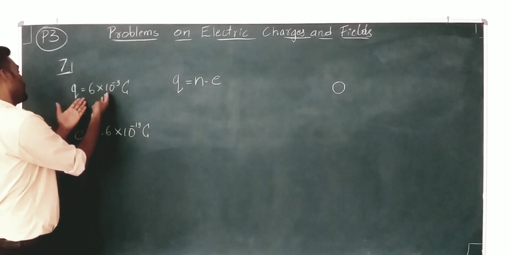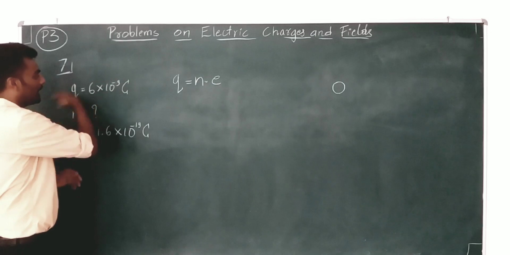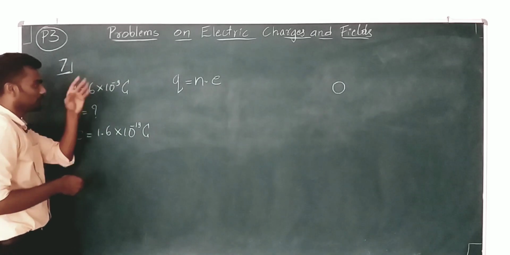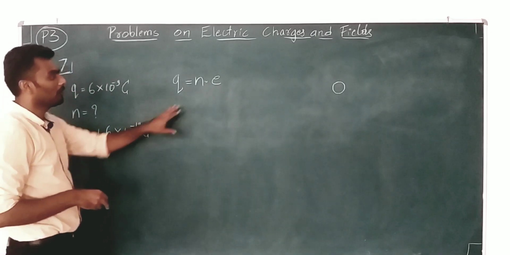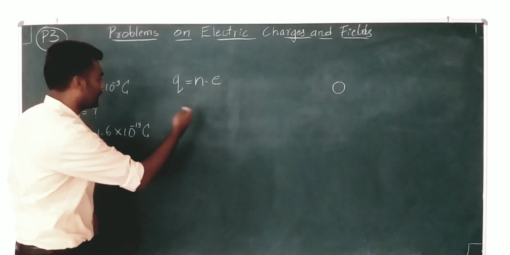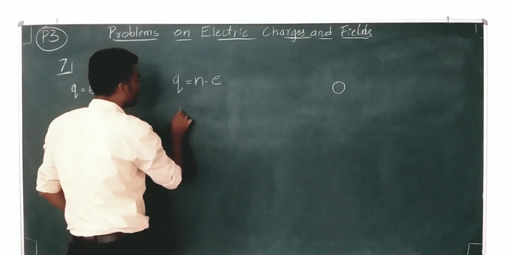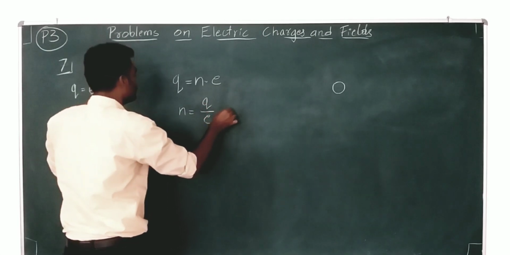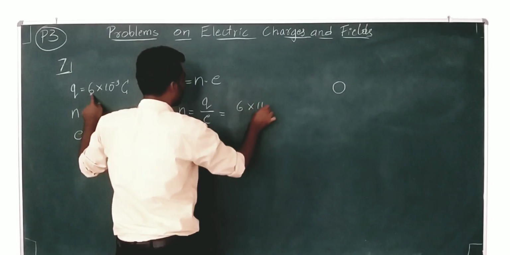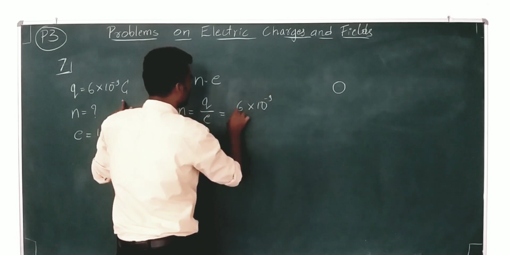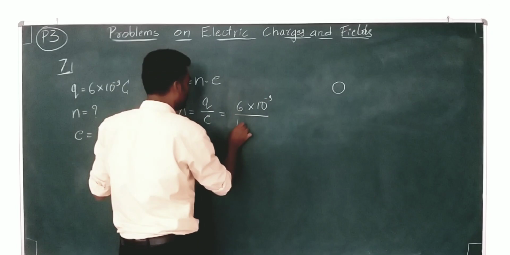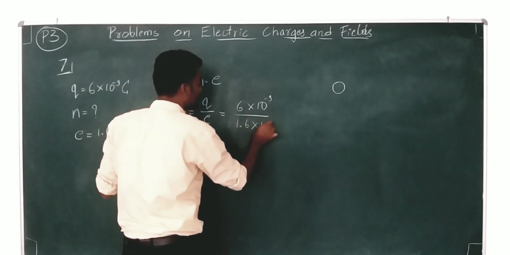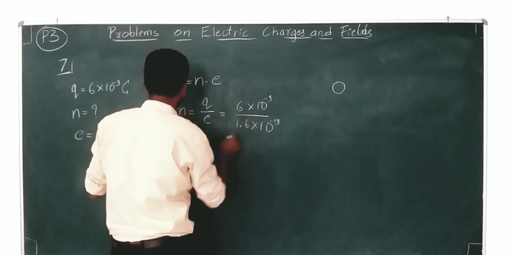Now you need to charge the sphere to this large amount of charge, 6 into 10 to the power of minus 9 coulomb. How many electrons have to be removed? From this formula, N becomes equal to Q by E. Q is 6 into 10 to the power of minus 9, and E is 1.6 into 10 to the power of minus 19.